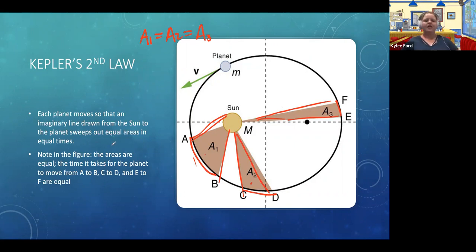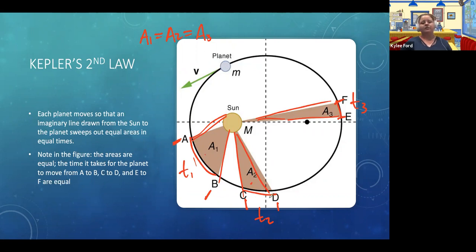And it also sweeps those out in equal times. So the time for the planet to move from A to B, say T1, is the same amount of time that it takes for the planet to move from C to D, T2, and so forth, T3. So what this means, if you just look at this and think a little, is we're following this planet and it gets from A to B at some kind of speed.